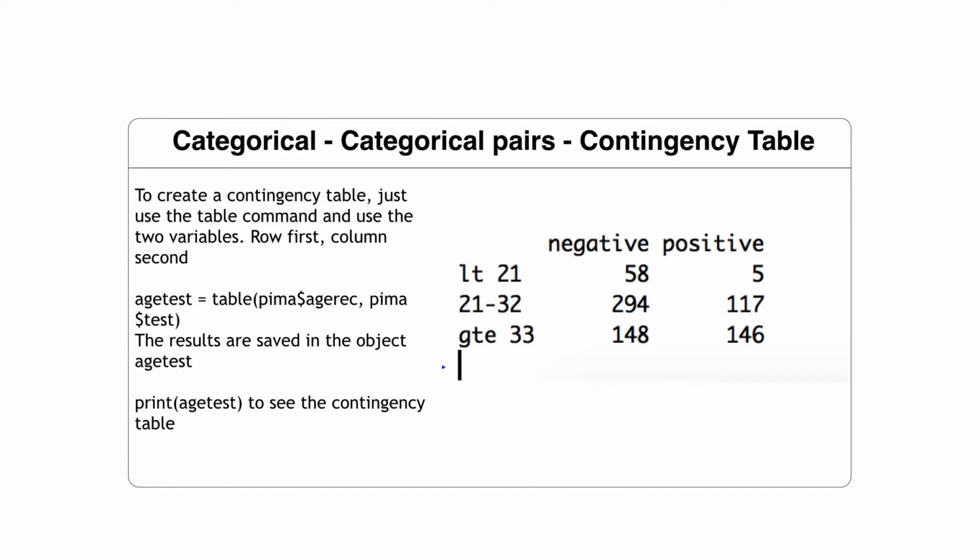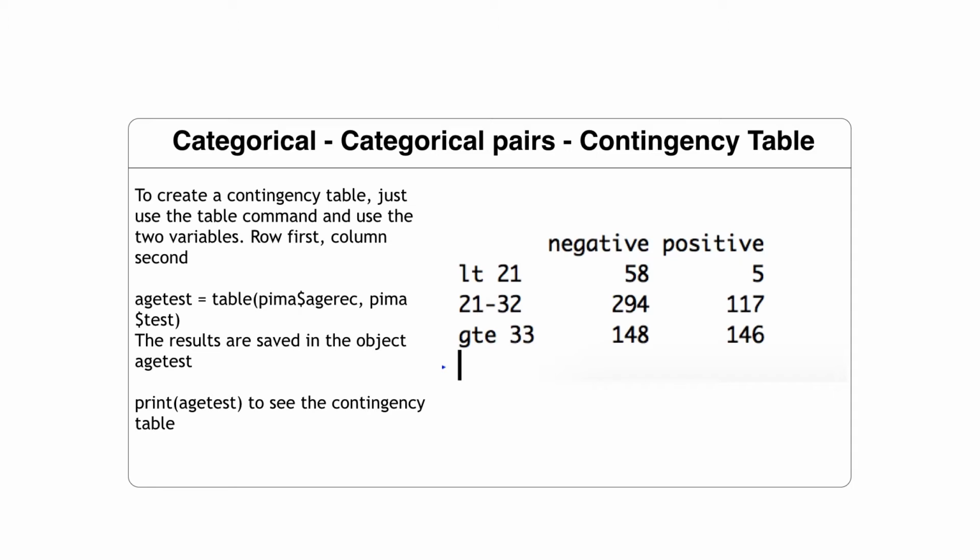For example, you can get a sense of the percentages, or you can extract the row percentages, or column percentages, and so on and so forth. I encourage you to look into the table help files to learn a little bit more on that particular function.